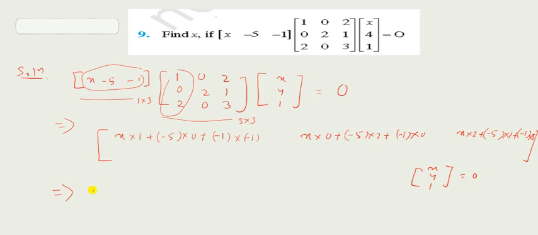So here I get x plus 1, then minus 10, then 2x minus 5 minus 3, that is minus 8, multiplied by [x, 4, 1], equal to null matrix. Now let me solve it.